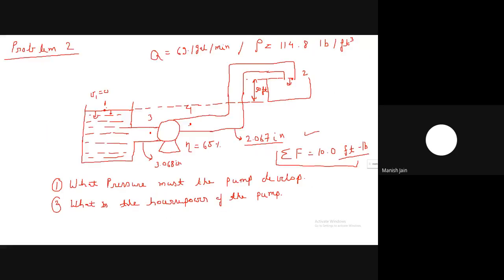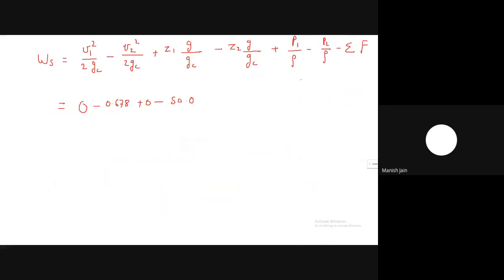This point is open to the atmosphere, and the second point is also open to the atmosphere. Because 50 foot is not a very large elevation, the atmospheric pressure will be equal at both points. So P1 and P2 are equal, equal to 1 atm atmospheric pressure, so P1 minus P2 equals 0.